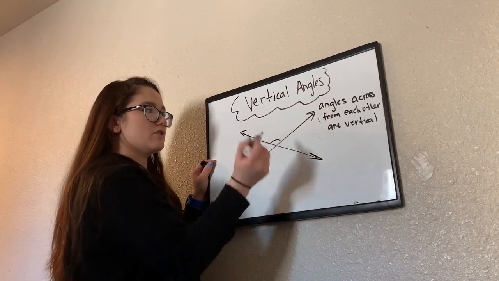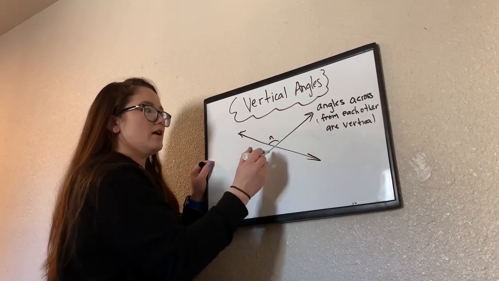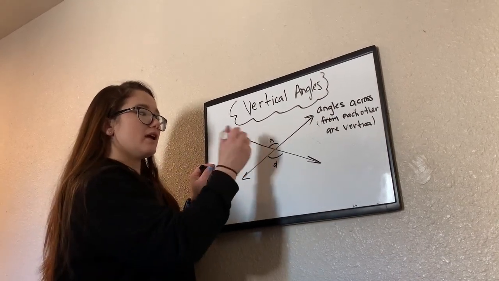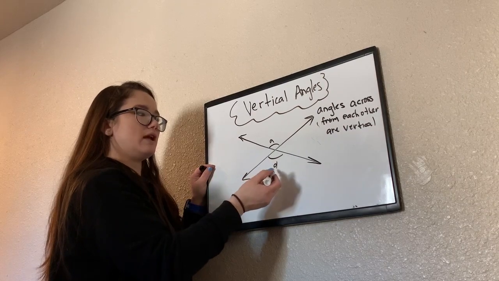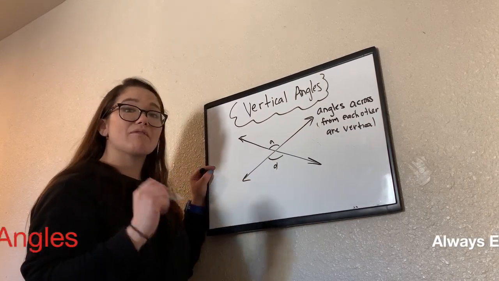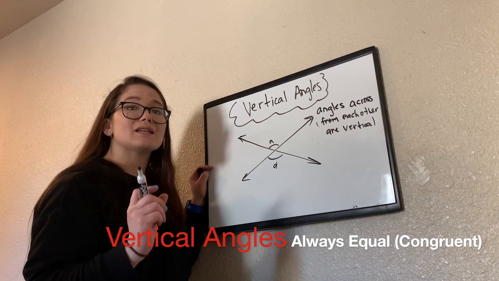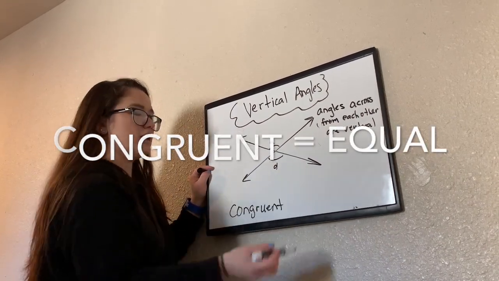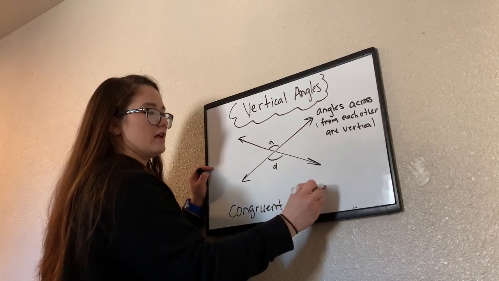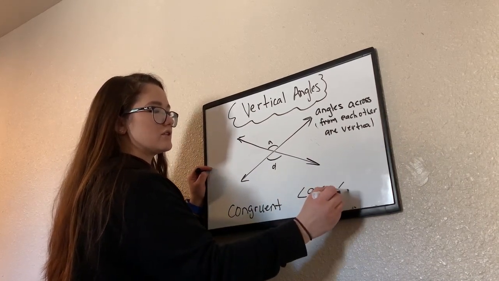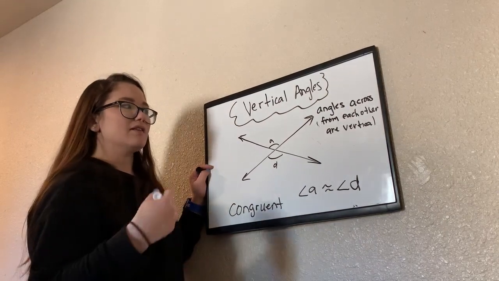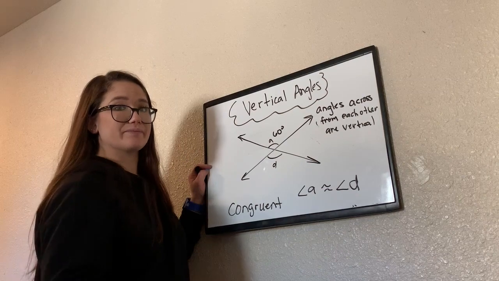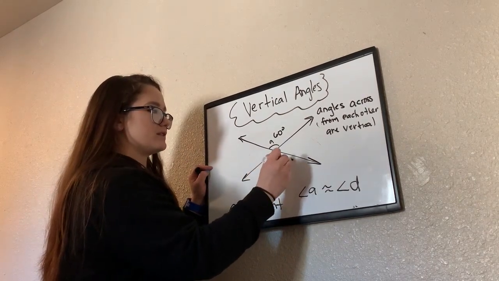So if I had this angle, let's call this angle A, and let's call this angle D. I would say angle A is vertical to angle D. And the cool thing about vertical angles is they're always equal, or in geometry we call it congruent. So I can say angle A is congruent to angle D. They're equal. So if angle A is 60 degrees, guess what angle D is? Angle D is also 60 degrees.